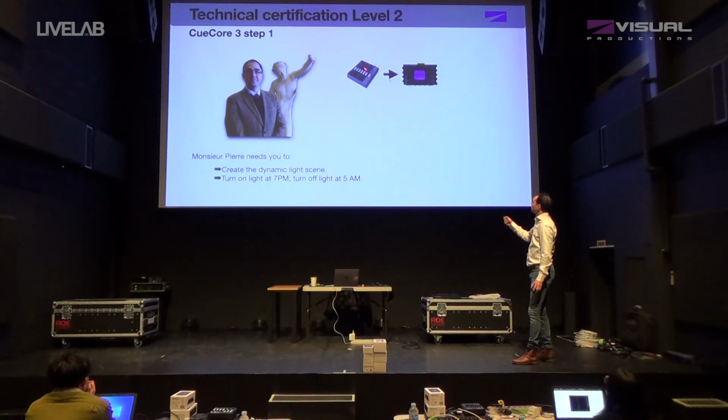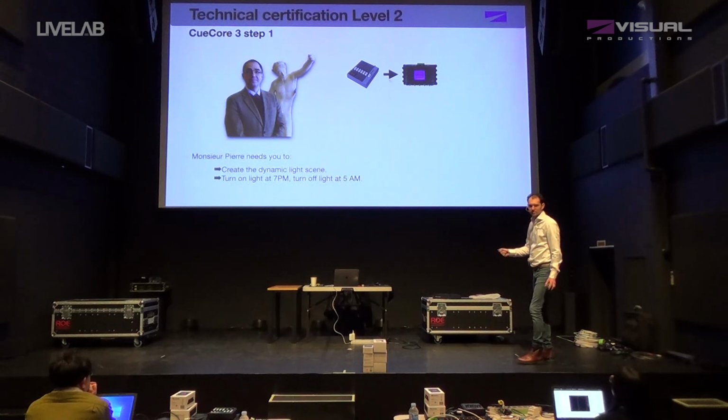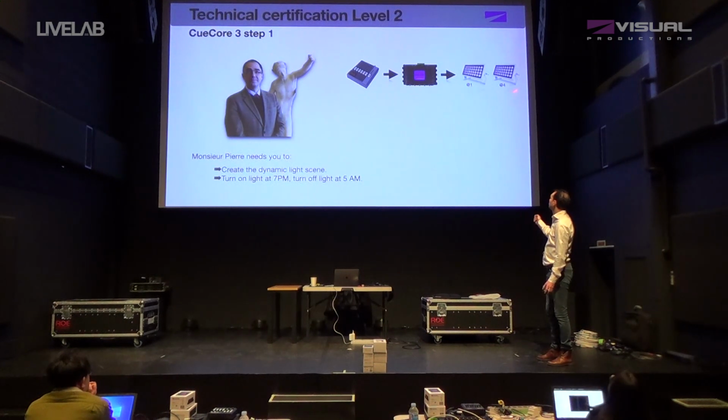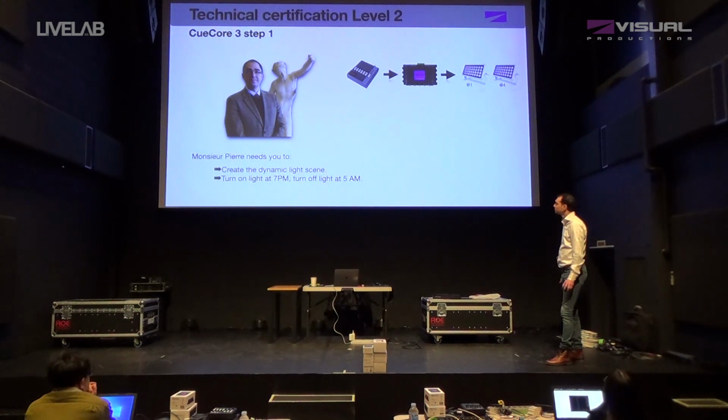So we're going to use the micro mini MA to record something inside the Q-core. 그래서 이렇게 마이크로 미디 MA를 사용하고 Q-core 안에 녹화를 하고, and then the Q-core will be able to play it on the lights. 그러면은 이 Q-core가 조명들에 전송이 가능합니다.